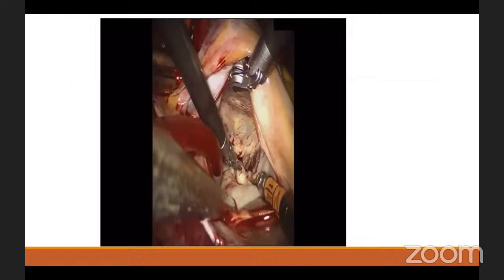So either you have to do annular plication, plicating the whole annulus and then connecting the leaflet edges together, or you need to do a sliding plasty. Sliding plasty we usually reserve for forme fruste or for Barlow's when they have a lot of extensive tissue. But even so, nowadays, have you heard of the concept of respect more than resect?